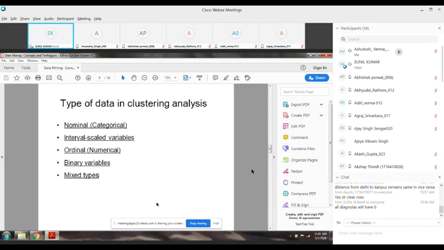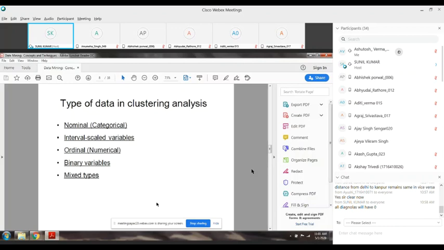Typically, when it comes to you as a question, it is asked in such a way because you are capable of dealing with numerical values easily. But in a real scenario, it is not the case. The data types used in clustering are different.